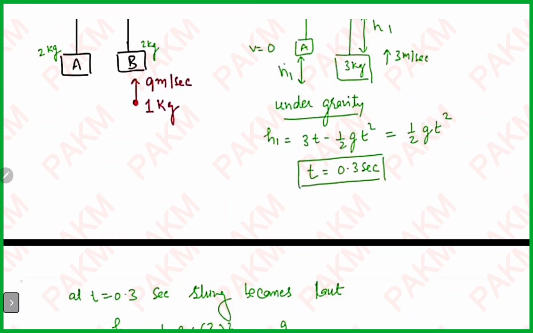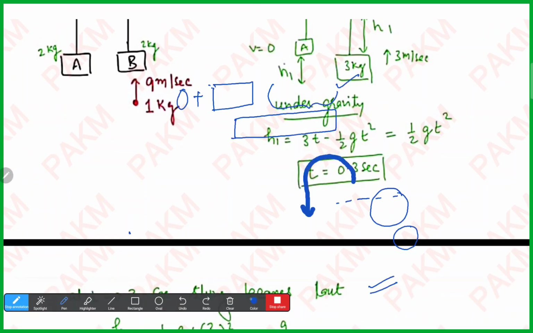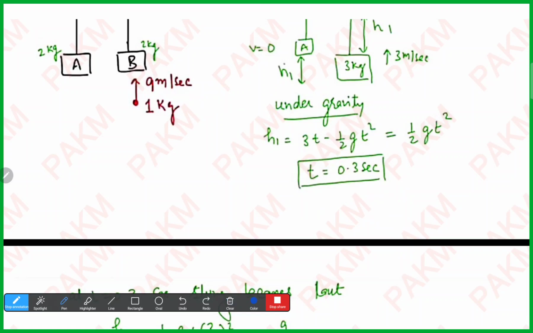Now here we can say h1 is ut minus half gt squared for block B, and that is equal to half gt squared for block A, since the initial velocity of A was 0.